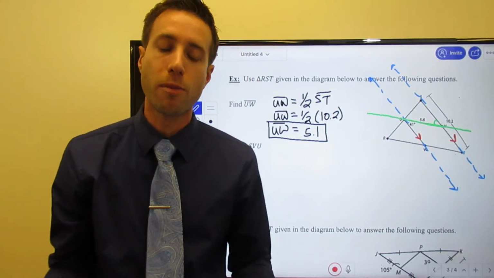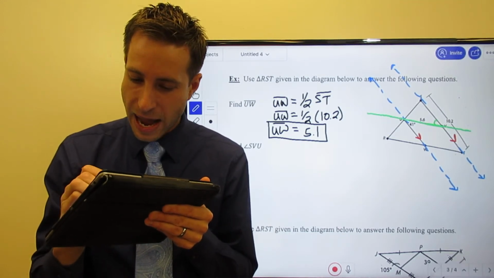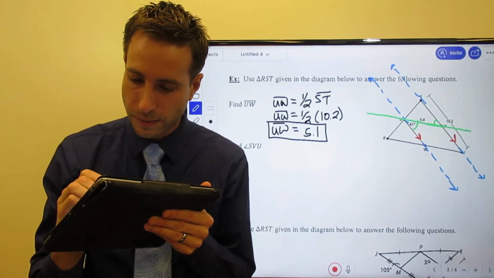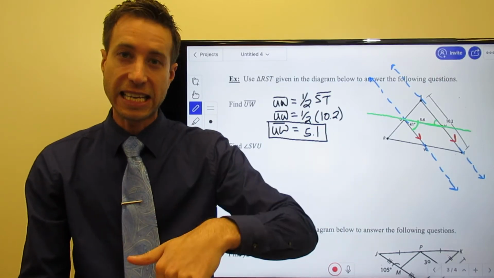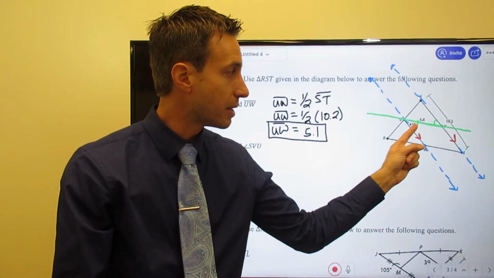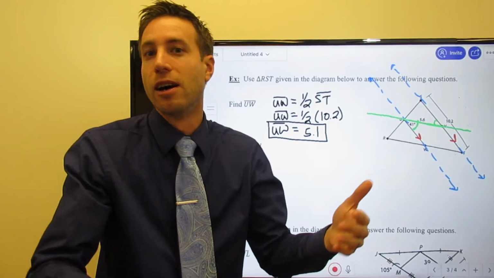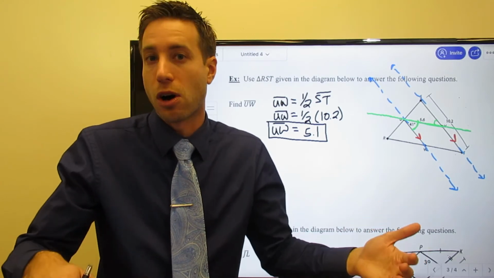So what do we know about angle relationships? Well, SVU has to be congruent, by alternate interior angles, to the angle VUW, this guy right here. Alternate interior angles are congruent.